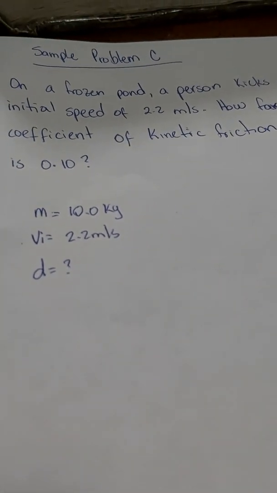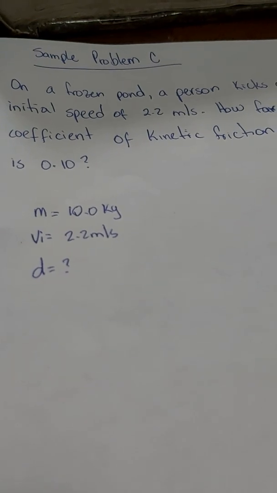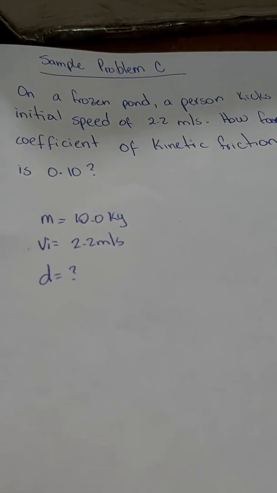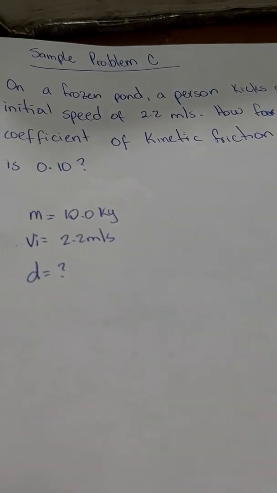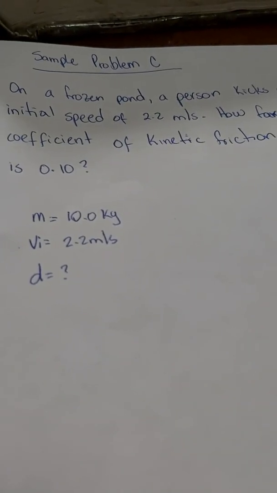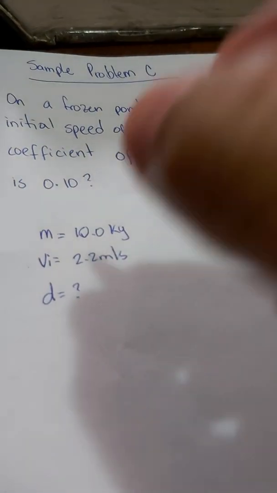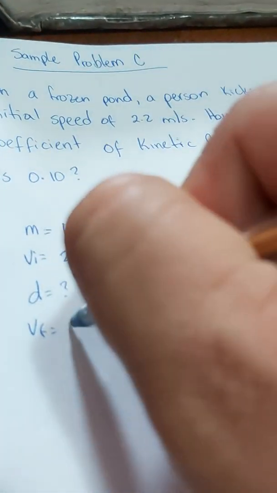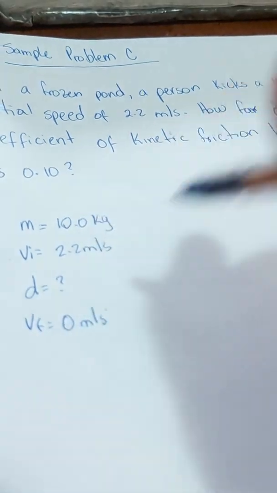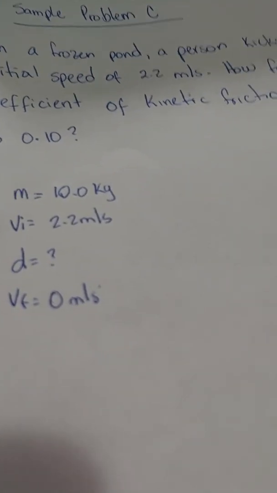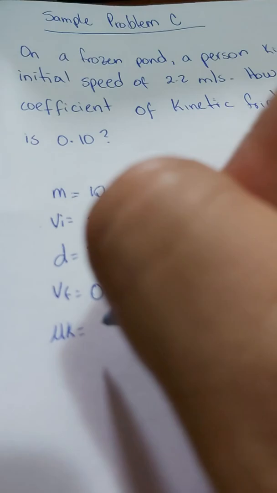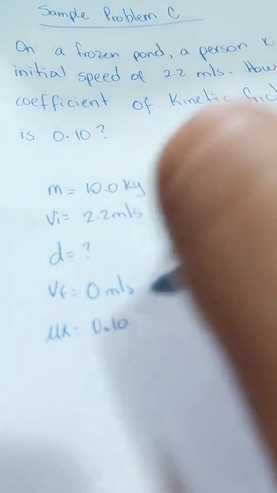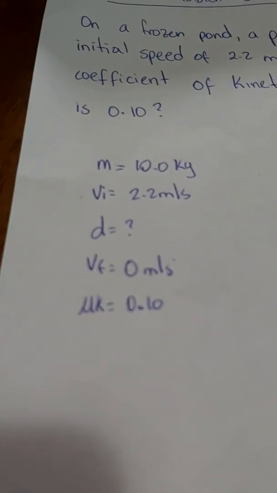So how are we going to measure this distance? In order to find the distance, we must find how far the sled moves until it stops. So if the sled stopped, that means that the final velocity has to be equal to 0 meters per second. Okay, and they gave us that the coefficient of kinetic friction is equal to 0.10, right?